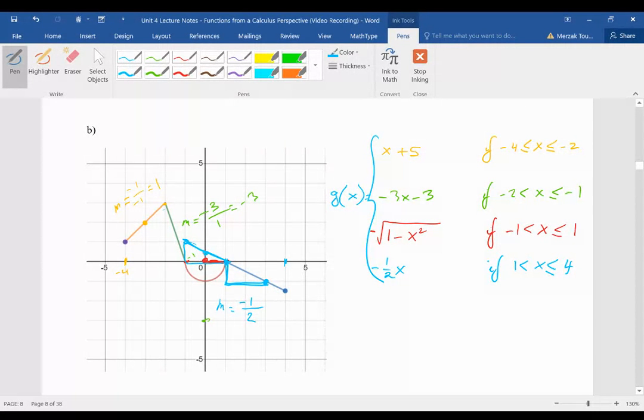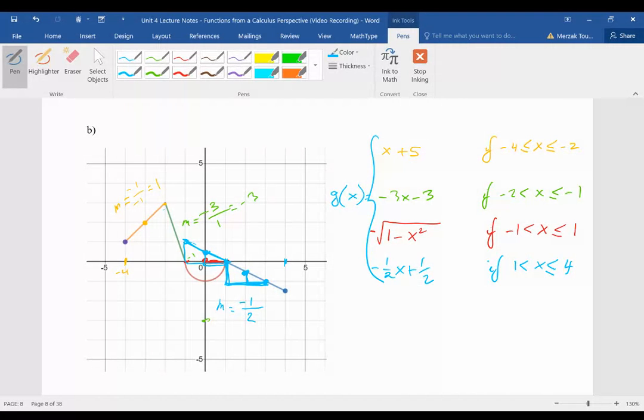Now I can see that it passes through 1 half. So for every 2 to the left, you go 1 up. It means for every 1 to the left, you go half upward. So it will be plus 1 half. And this is the formula for the piecewise function.